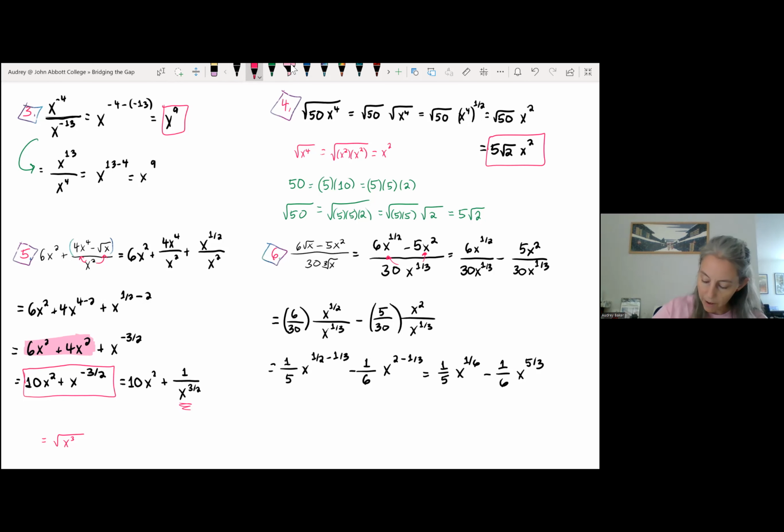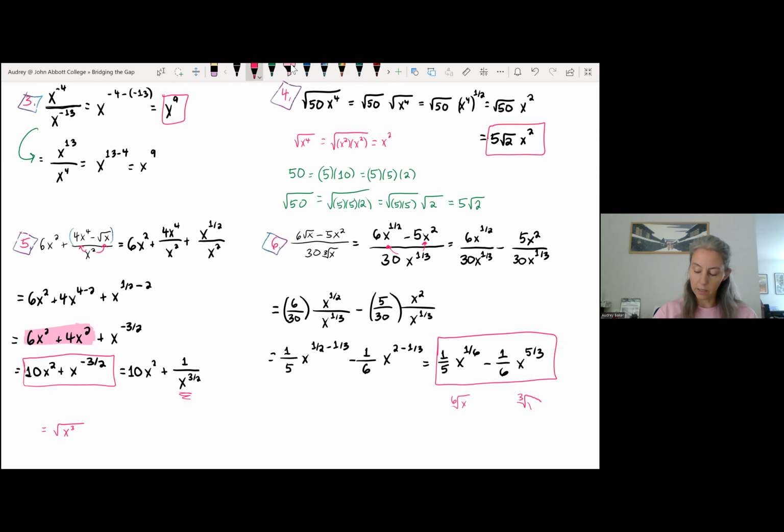And that is my final answer. And remember that x to the 1/6 is the same thing as the 6th root of x, and that x to the 5/3 is the cubed root of x to the 5th.